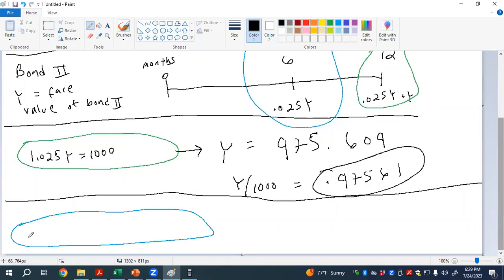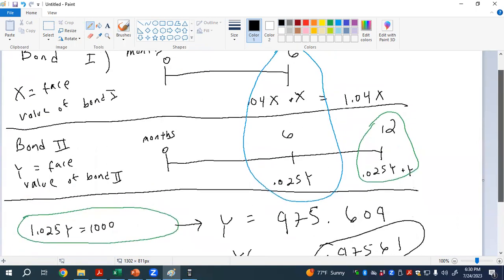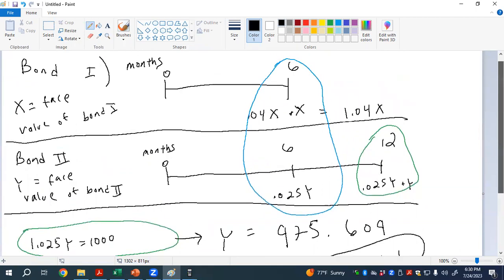All right, so 0.025y, 975, just to make sure I have plenty of room, I will round up to the nearest cent, plus 1.04x, that is 0.04x plus x.